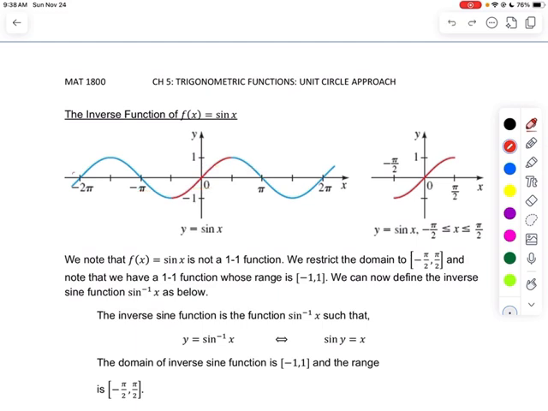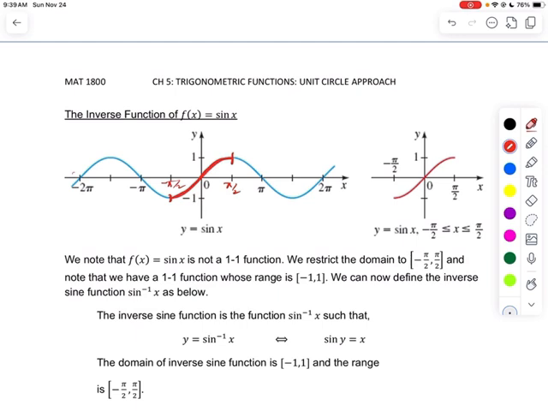So now when we talk about the inverse trig function, we start with y equals sine x. If I draw a horizontal line anywhere between -1 and 1, it will pass through the function infinitely many times.